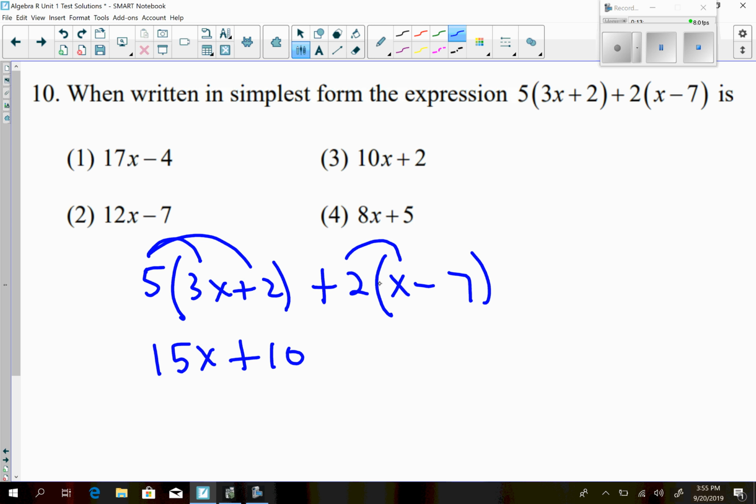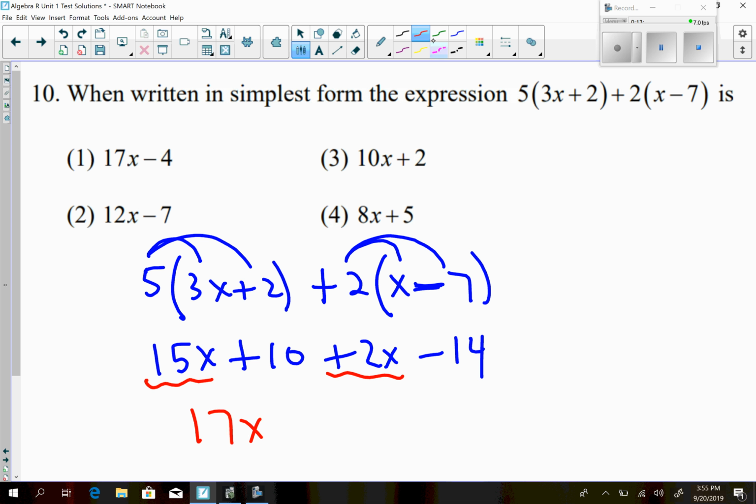Positive 2 times x is positive 2x. Positive 2 times negative 7 is negative 14. No parentheses. 15x plus 2x is 17x. 10 minus 14 is negative 4. 17x minus 4 is choice 1.